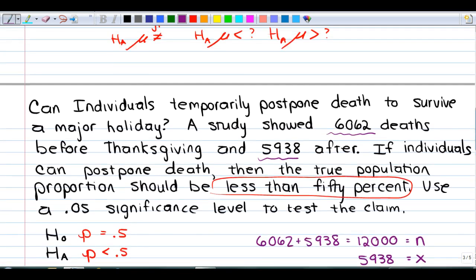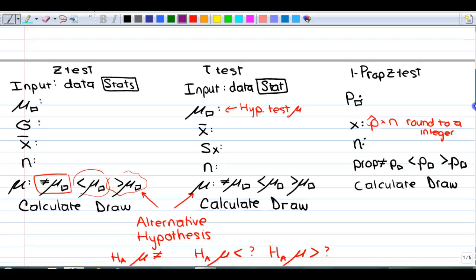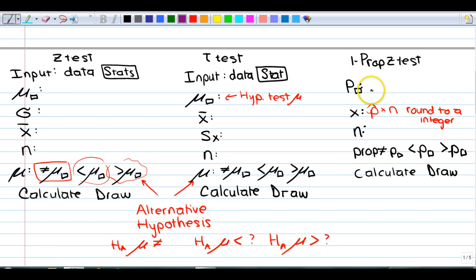So I'm going to come up here and enter my hypothesis of 0.5. I'm going to enter my X of 5,938 and my N of 12,000.